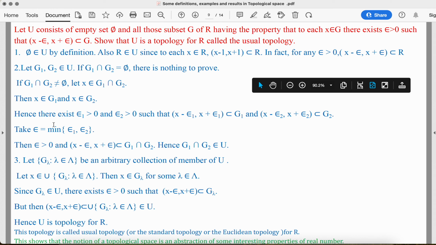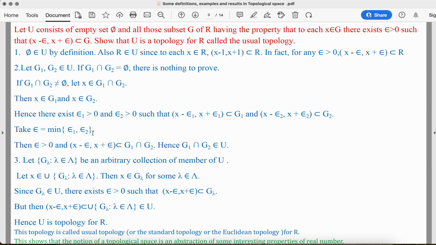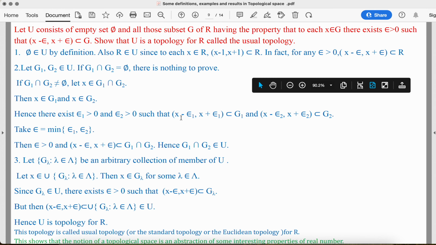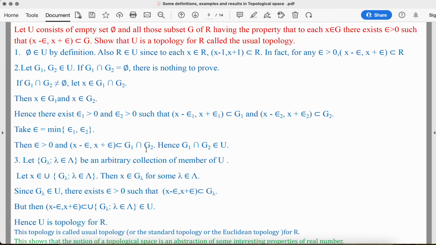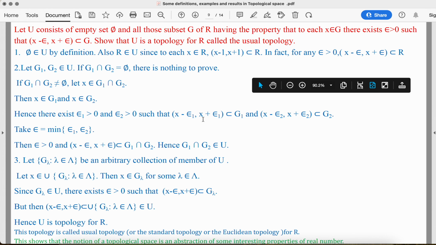Suppose we define epsilon equal to the minimum of epsilon 1 and epsilon 2. It means for epsilon greater than 0, x minus epsilon to x plus epsilon is a subset of G1 intersection G2. I have taken epsilon to be the minimum of epsilon 1 and epsilon 2, because this is a subset of G1 and this is a subset of G2.